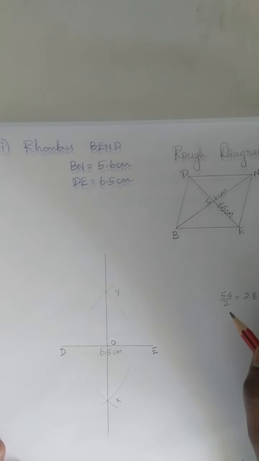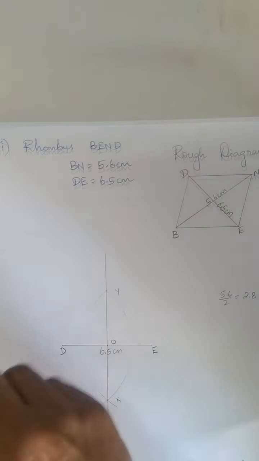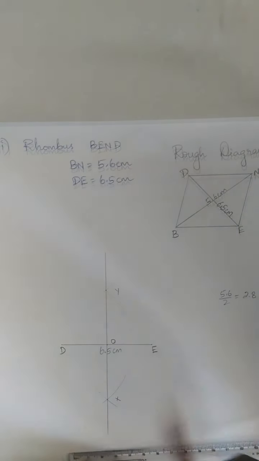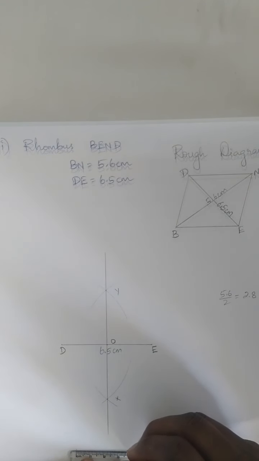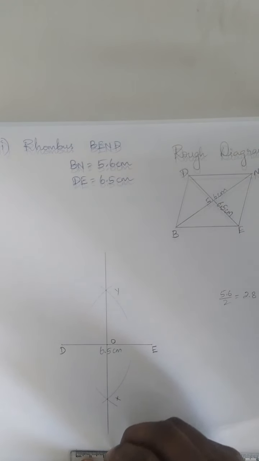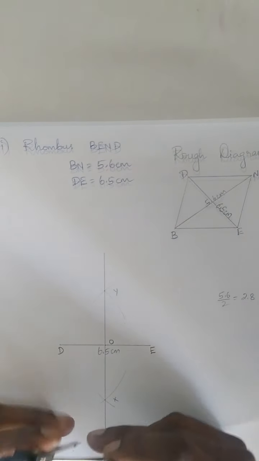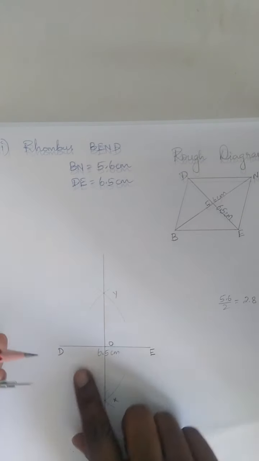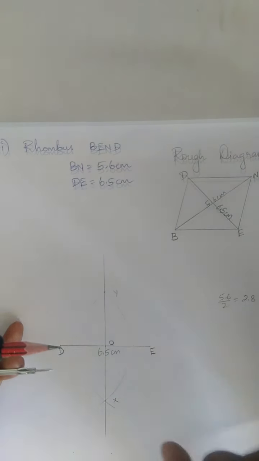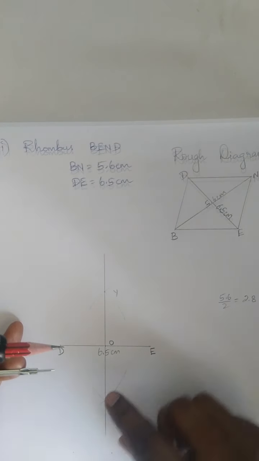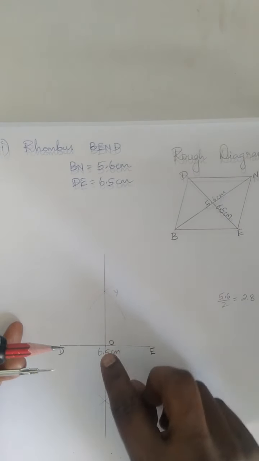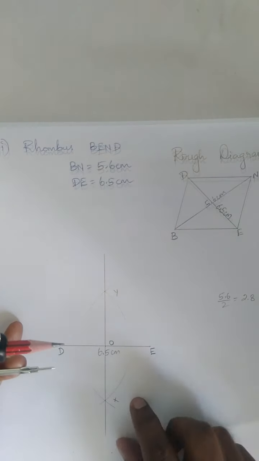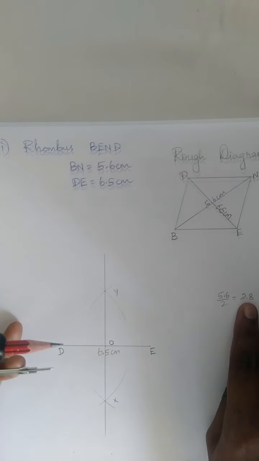So measure 2.8 centimeter with scale and compass. Why 2.8 centimeter, children? These diagonals are perpendicular bisectors, so the point divides it into two equal parts. 5.6 divided by 2 gives 2.8.